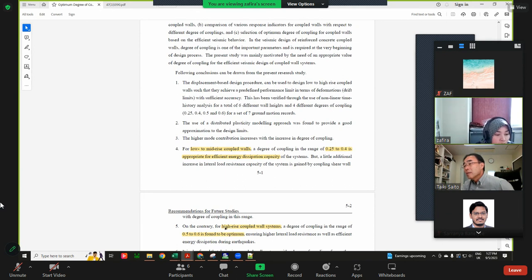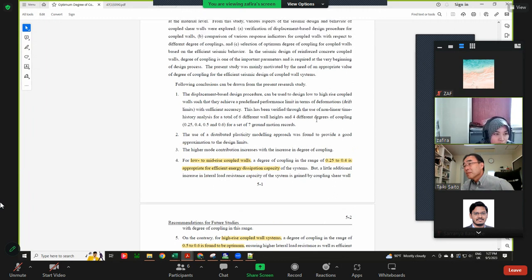Only for high rise buildings it is around 50% and 60%. Is he talking about elastic or inelastic degree of coupling? He doesn't say elastic or inelastic.